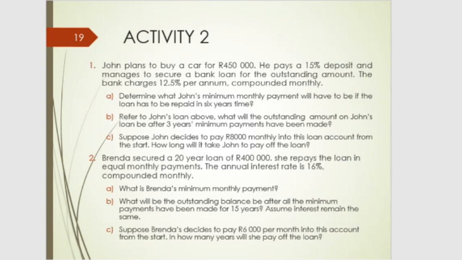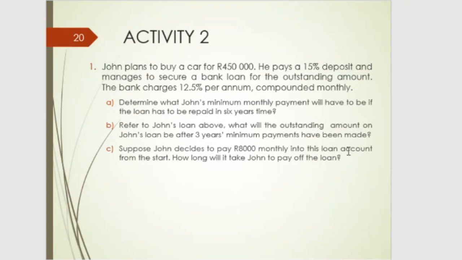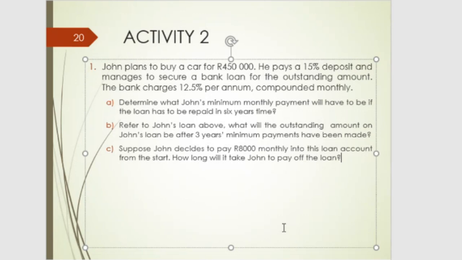All right, I think it's here. Yes, this is what we have. Normally, this is how the amortization questions come in. As you can see, it has three questions that are talking to the same scenario, but one is dependent on another.